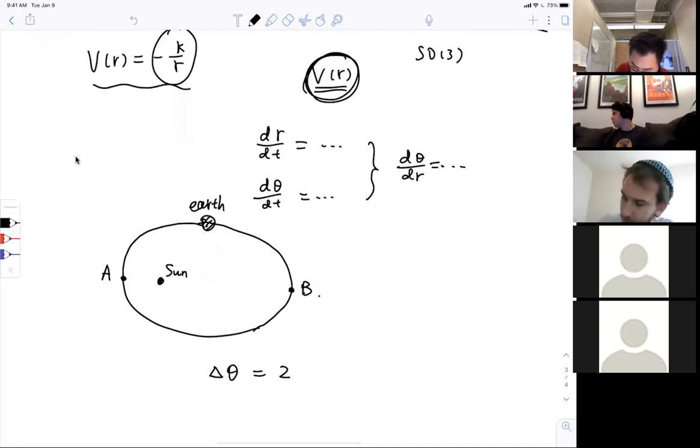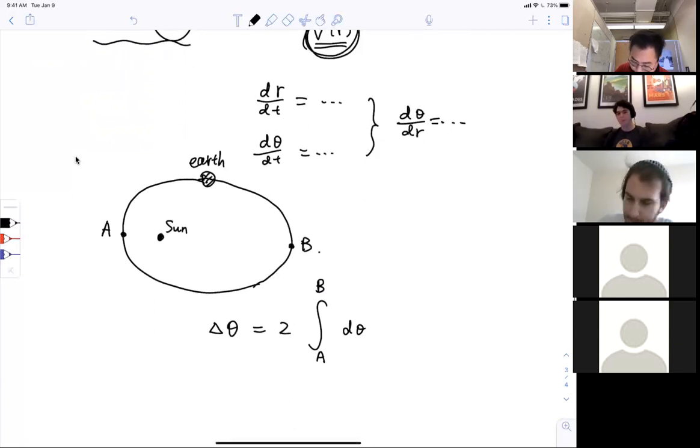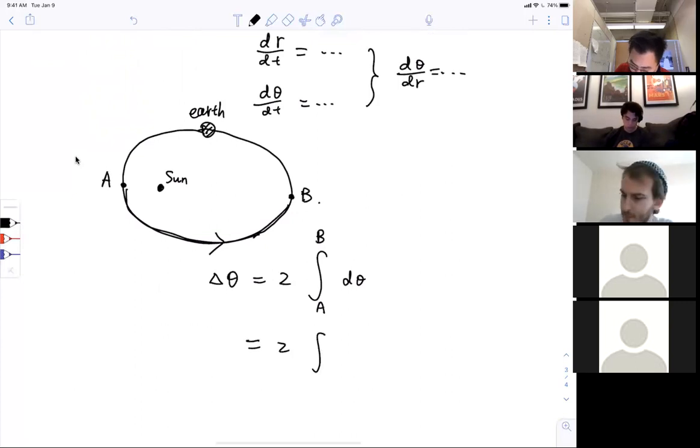So it's 2 times the integral from A to B of d theta, right? From A to B corresponds to the half cycle, and times 2 corresponds to the whole cycle. And this is nothing but d theta over dr times dr.